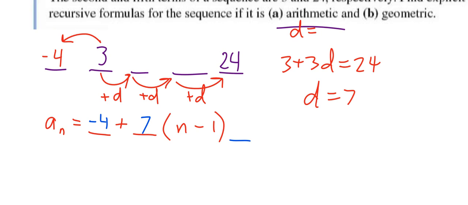I do notice in there, like the blue box in the notes, they put the d on the other side. I don't really see the point of why they would do that. You know what? I will say this. Here's why I think they do that. Do you know how many kids add -4 and 7 together to say that it's 3 times n minus 1? Which is completely wrong, but they do it. So I think they put the d on the other side of the parentheses just to try to force the kids not to do that. I think that's the only reason.